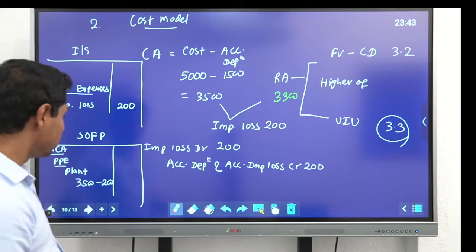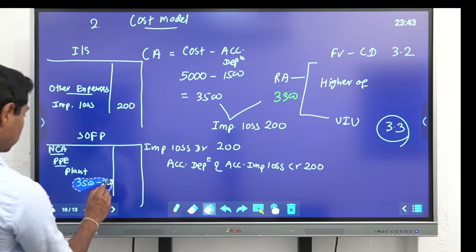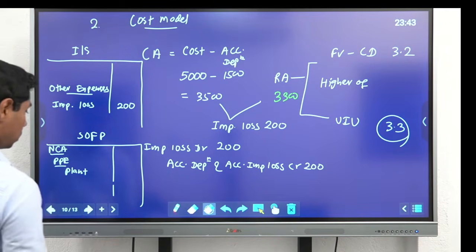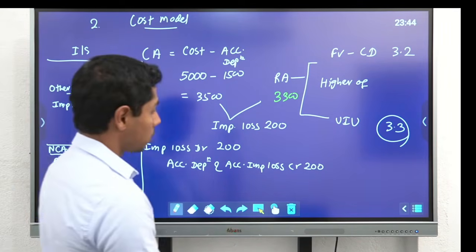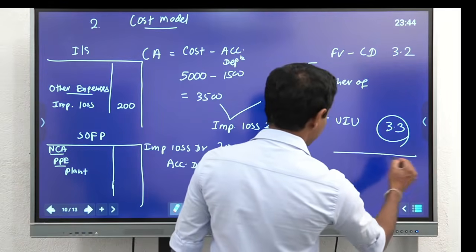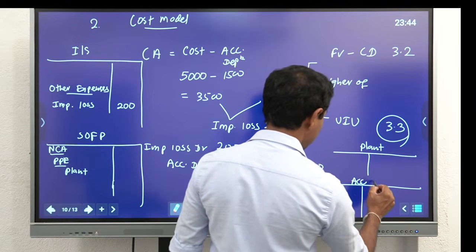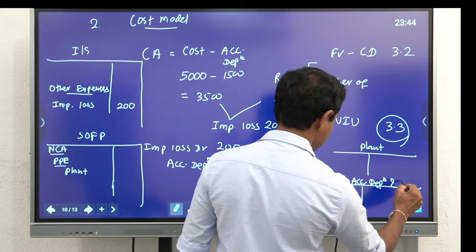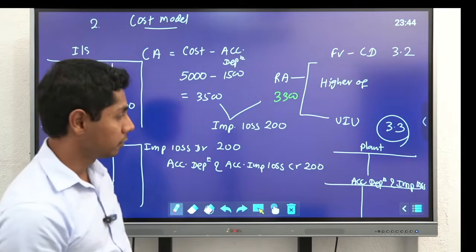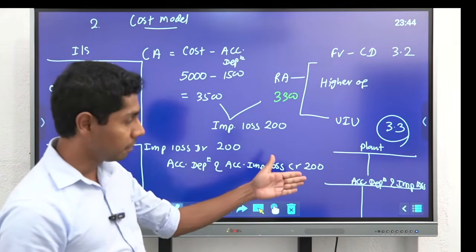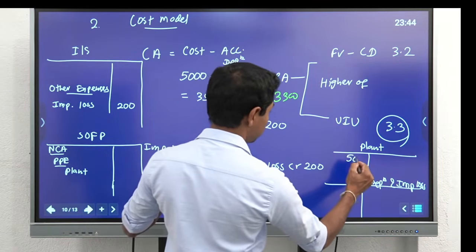So let me take it in this way. I'll take the cost and accumulated depreciation separately. Can you prepare a plant account and an accumulated depreciation and accumulated impairment loss account? Now the plant account has the cost of 5,000 brought forward balance.